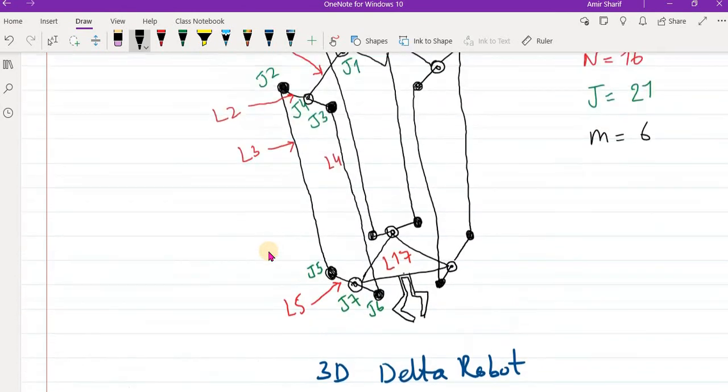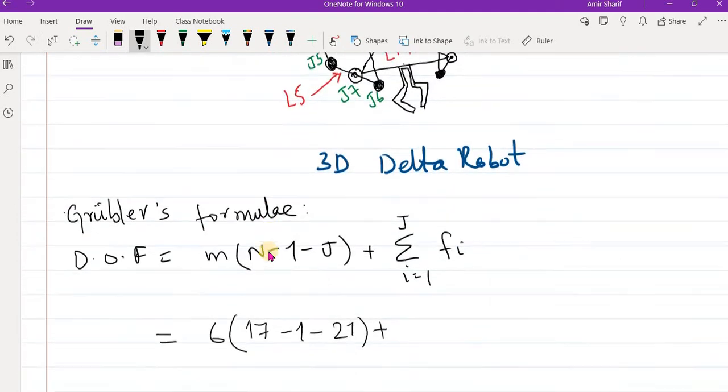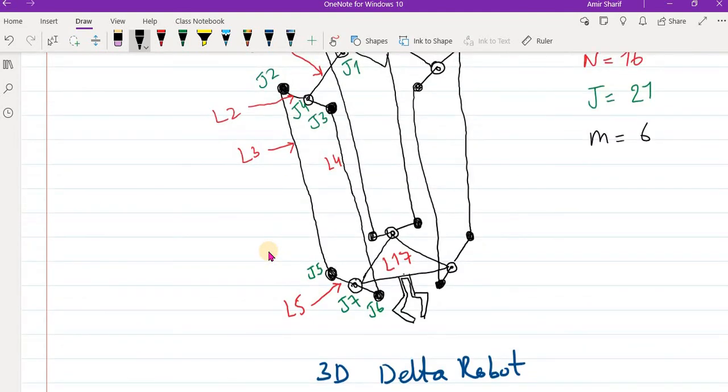How many joints do we have here? We have two types of joints. One is a Revolute joint, the second is the Spherical joint. For the Revolute joints, we have 1, 2, 3 on each arm, and 3 times 3 is 9. So we have a total of 9 Revolute joints here. We write down here 9, and the freedom of each joint is 1, because the Revolute joint has only 1 degree of freedom.